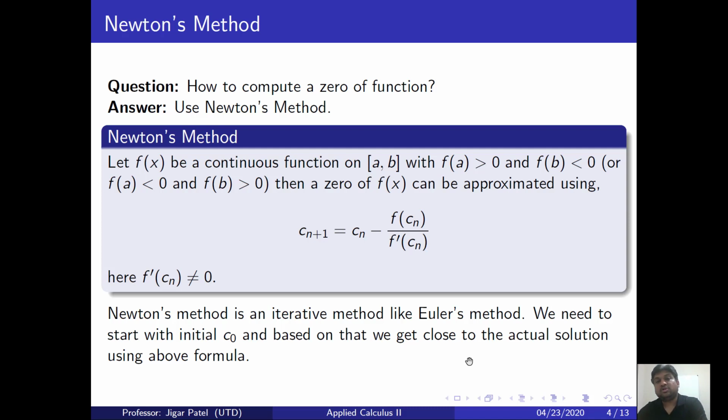Most of the time we will be approximating the 0 up to 3 decimals. If the approximation is 3 decimal accurate, then that's when we will stop. Normally the third or fourth iteration gives you this value.